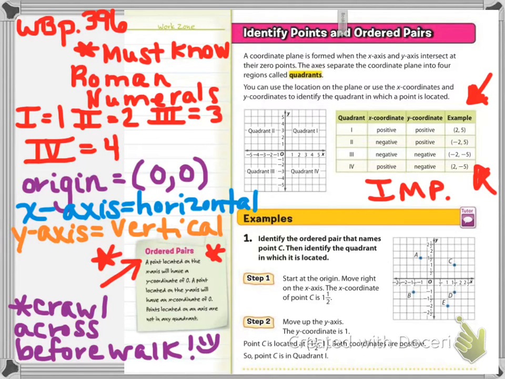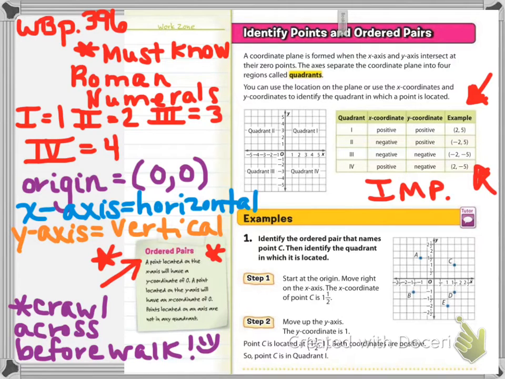So you are in quadrant 1, and again, starting at the origin, which is 0, 0, you would move to the right in the positive direction moving across, and then you would have to move up in the positive direction for the y to get C. You can tell in step 1 they've located that C going across to the right is at 1.5. That's the x coordinate along the x-axis. And for step 2, moving up the y-axis, you are at coordinate 1.